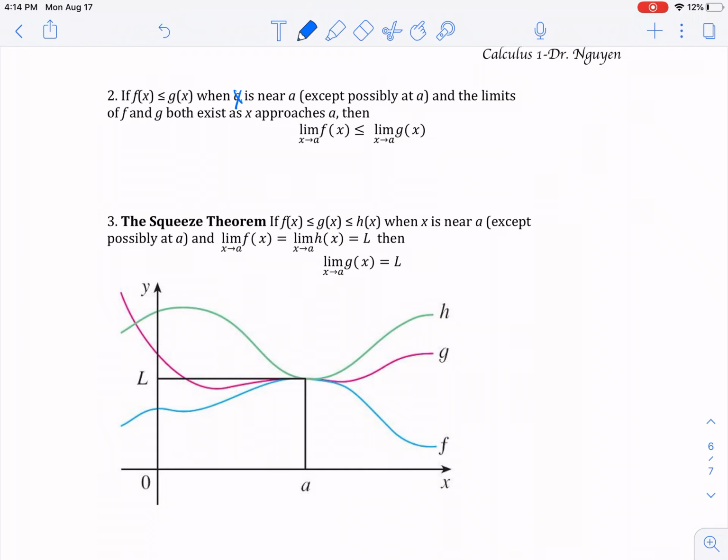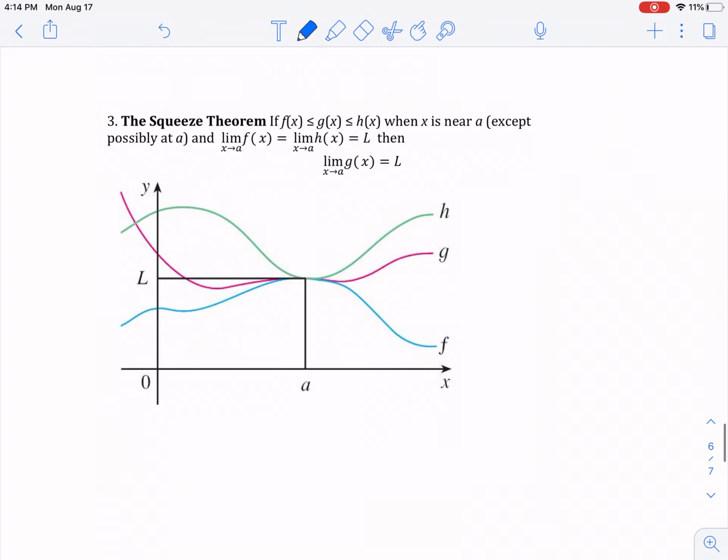So the squeeze theorem, pretty much you want to squeeze a function g of x in between f of x and h of x. Then the limit of g of x is going to be the same as the limit of f of x and the limit of h of x, since those two are exactly the same.